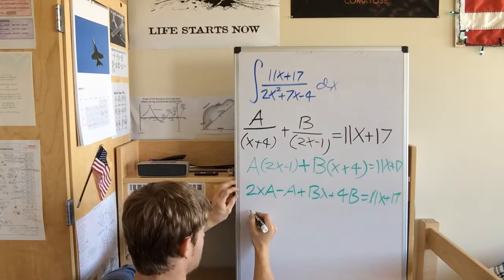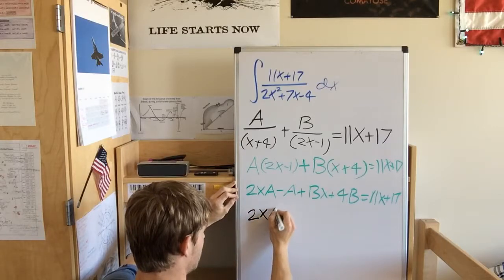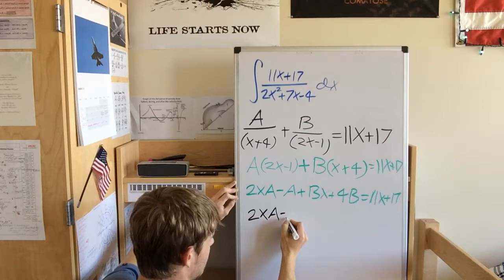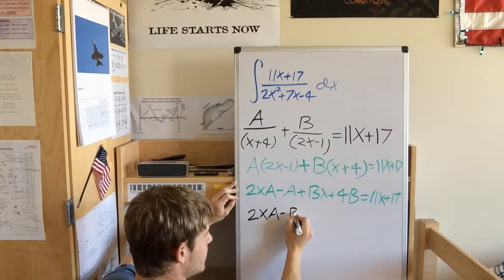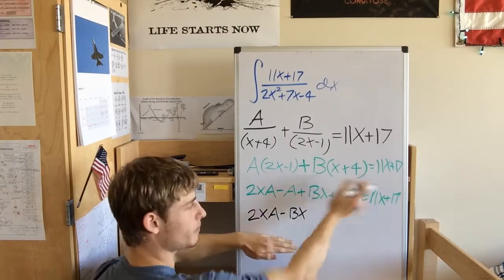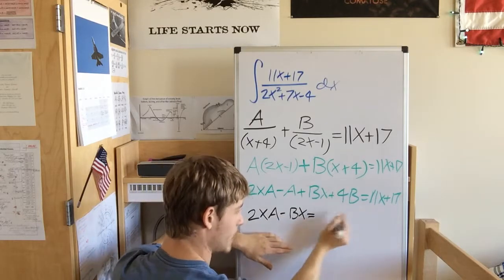Let's take 2xA, so there's our A, minus Bx, and this is going to be our other x term. So we have Bx, and that is going to equal the x component of our answer. So that's going to equal 11x.